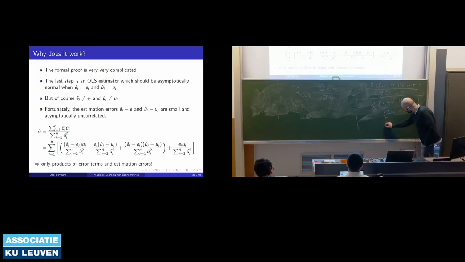Now in a very similar manner, you can show that this thing also converges to the expectation of U_i square, just because U_i hat is a consistent estimator of U_i.